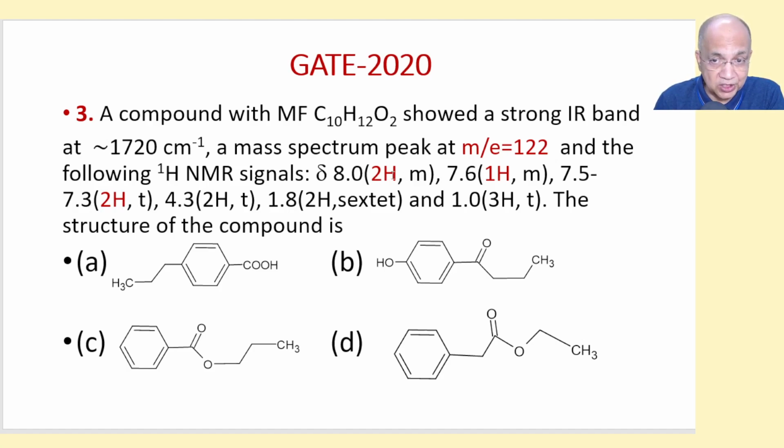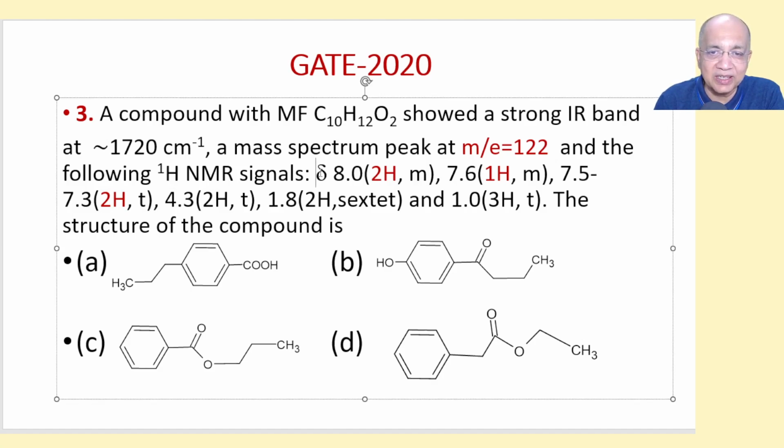So from this, 2 plus 1 plus 2, there are 5 protons in the aromatic region, because these are the aromatic regions, 7 to 8. Once we count 5 protons in the aromatic region, undoubtedly it is a monosubstituted benzene, not disubstituted, right?